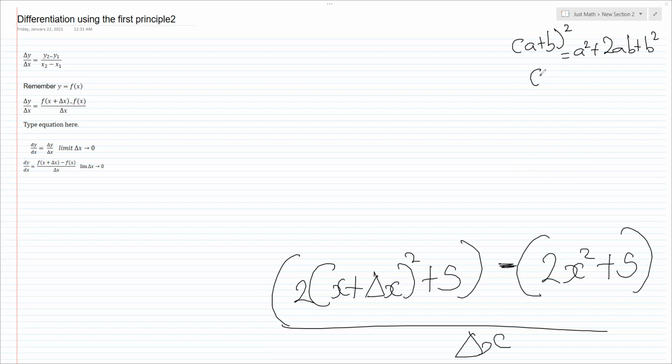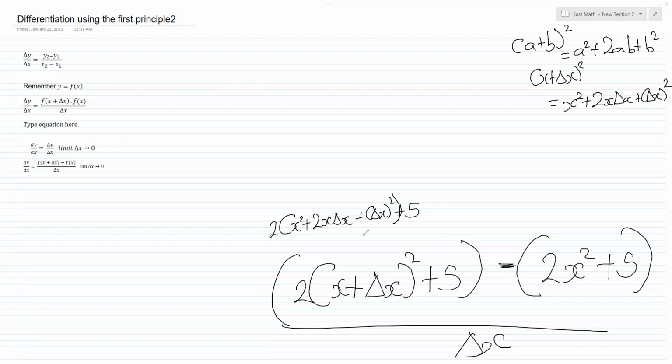So meaning x plus delta x all squared will give us x squared plus 2x delta x plus delta x all squared, right? So we have 2 times x squared plus 2x delta x plus delta x all squared, and then we have plus 5 here.